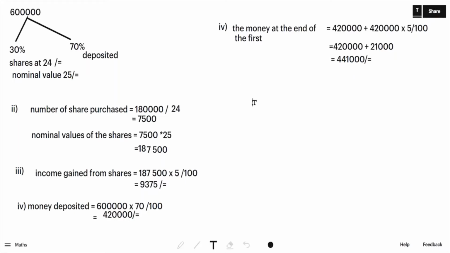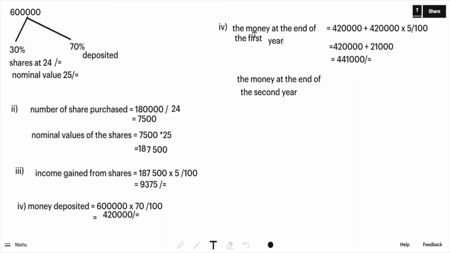This is not the answer they expected. They are asking for the money which is available at the end of the second year. So the money at the end of the second year, there should be a year here.